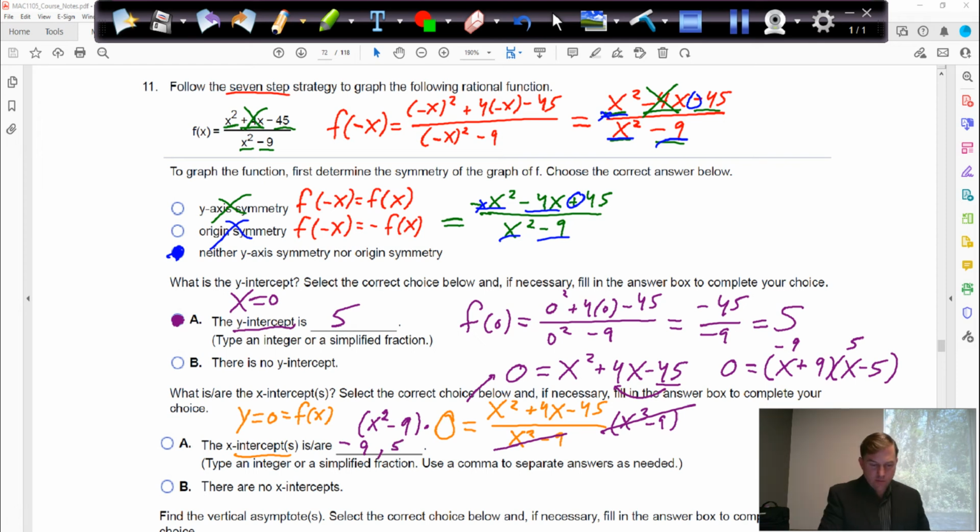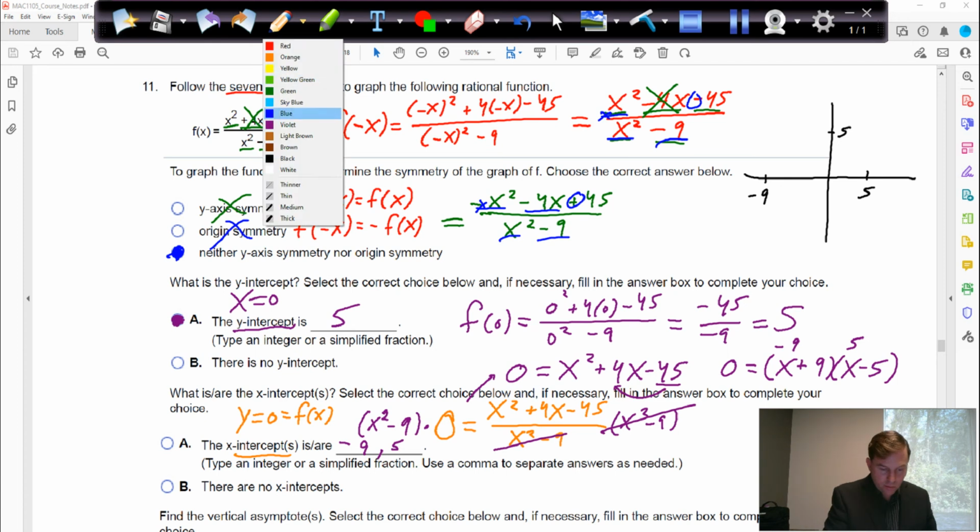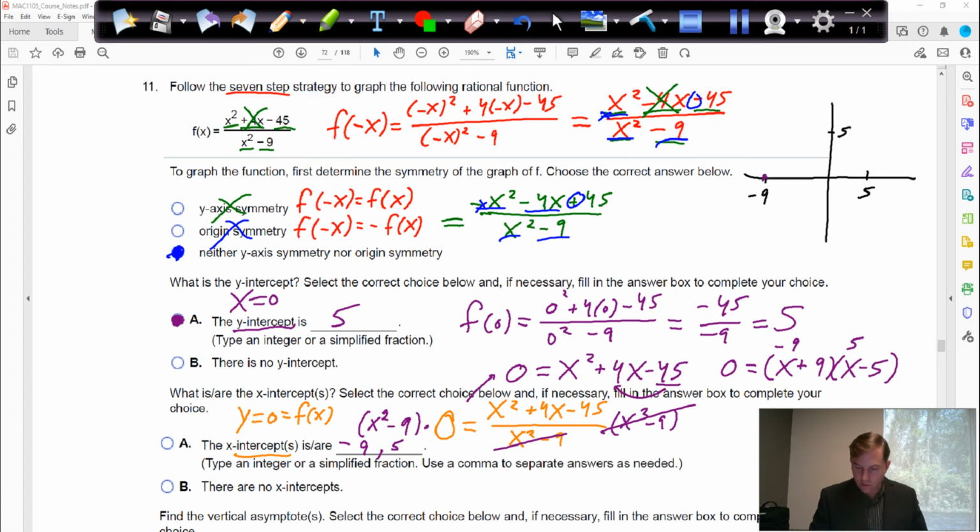And right from there, we have 3 dots, so we can start to fill in what this thing looks like. So we know it touches the x-axis at minus 9 and positive 5, and it touches the y-axis at positive 5. So we have, let's do them in purple since that's what I wrote them as, minus 9 and 5. It touches the x-axis.